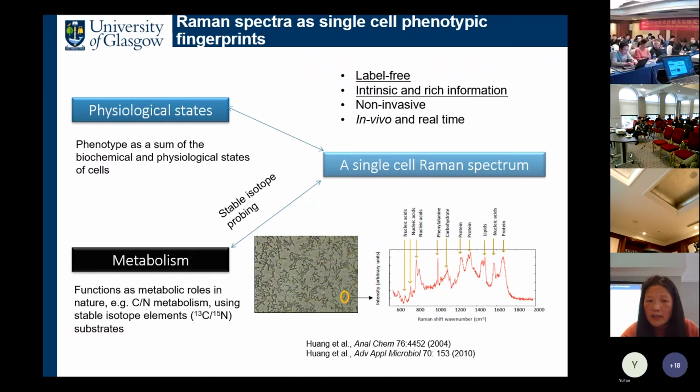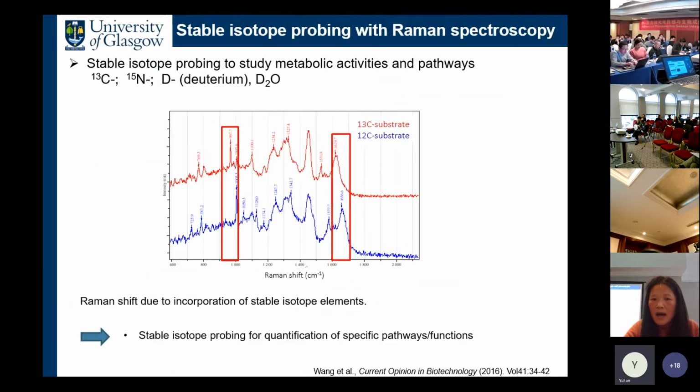And if we're interested in whether the cells can use a certain compound, that is metabolic activity, we can use what is called stable isotope labeling to probe the cell's metabolic activity. I'm going to give you one example.